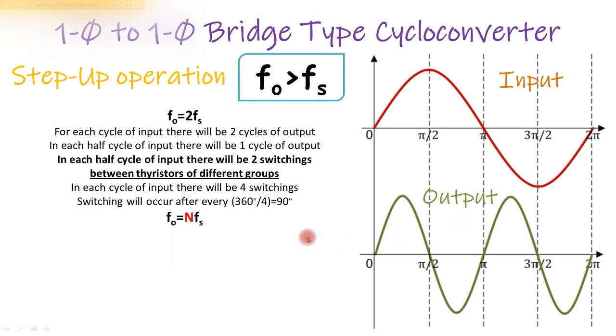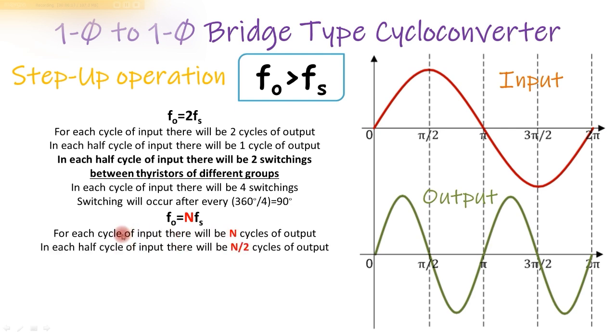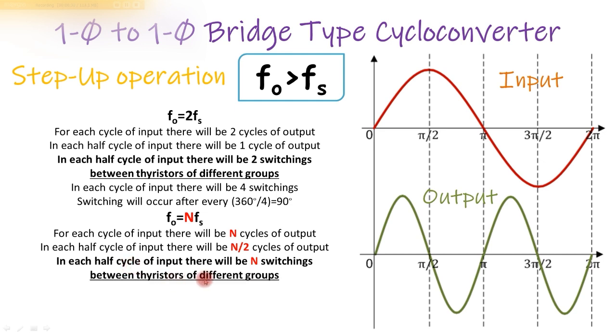So to obtain output which is n times the supply frequency, there will be n cycles of output for each cycle of input. There will be n by 2 cycles in each half cycle. So similarly, there will be n number of switchings in each half cycle, and that too between different thyristor groups.